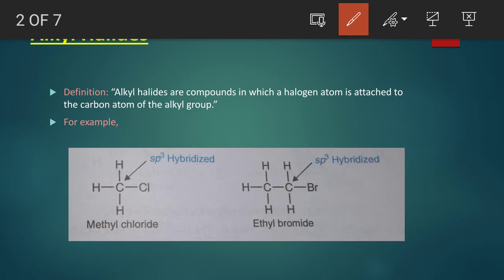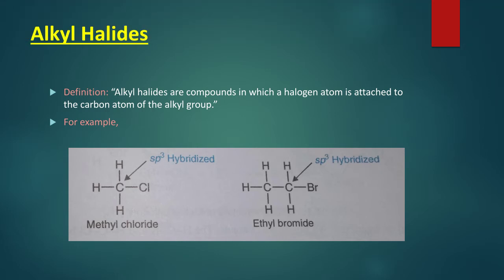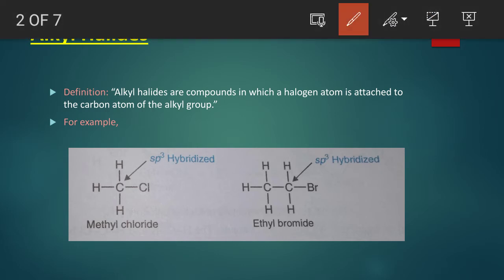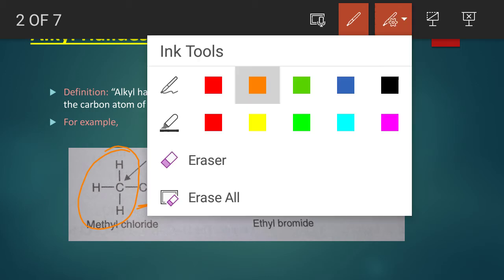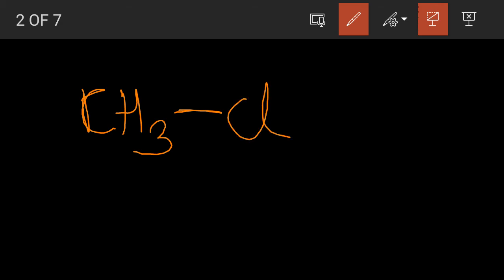The first one is alkyl halides. Alkyl halides means the alkyl group is attached to a halogen atom. The carbon atom present in the alkyl group, for example CH3, which is an alkyl group, is attached to any halogen atom, that is chlorine, fluorine, bromine, or iodine.